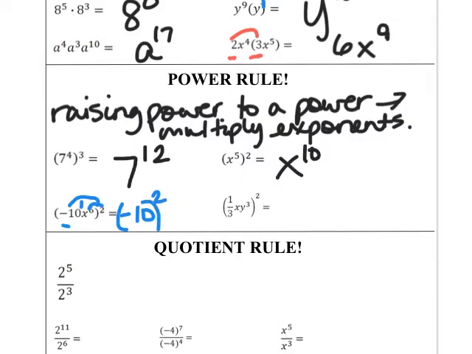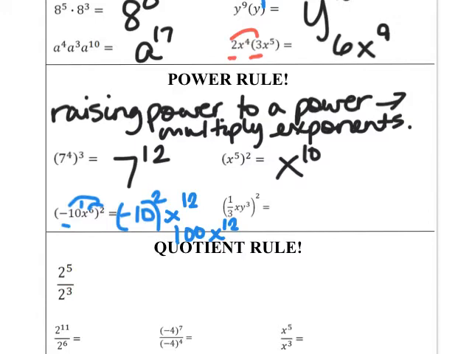And I'm going to put parentheses around that because of that negative sign, just to be sure. And then x to 6 times 2 is 12. So if I really wanted to simplify that, I would write that as negative 10 squared is 100, x to the 12th.